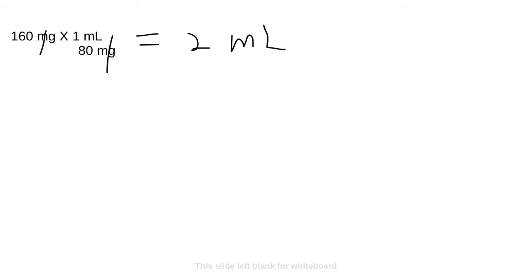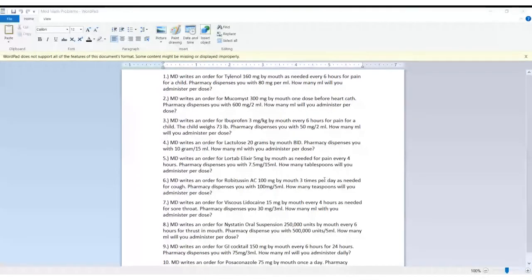Okay, if we go back to the question just to make sure that we answered it appropriately. We will see here that I was supposed to come up with milliliters per dose. So per dose, I am giving 2 ml per dose. If it says every 6 hours for pain for a child, that means that within a 24-hour period, I am giving it 4 times. 6 times 4 is 24.